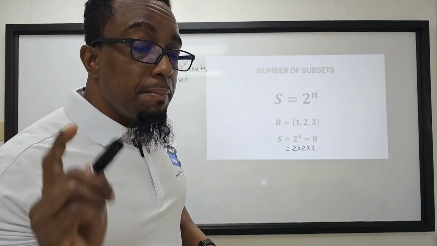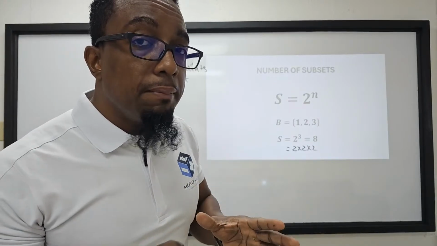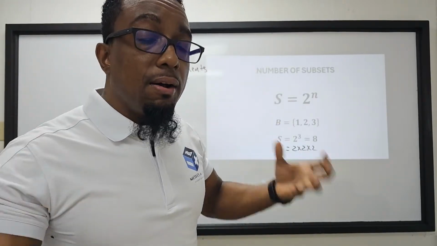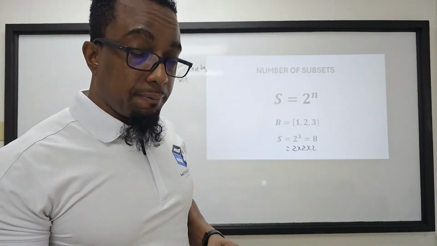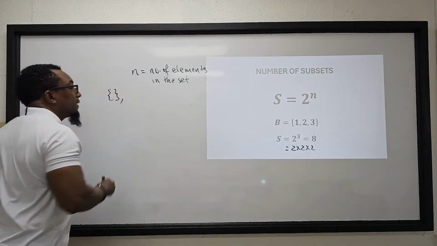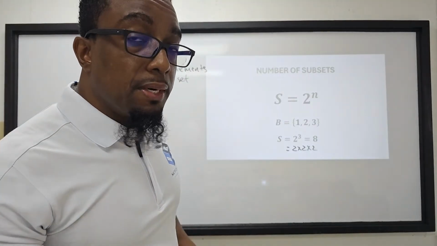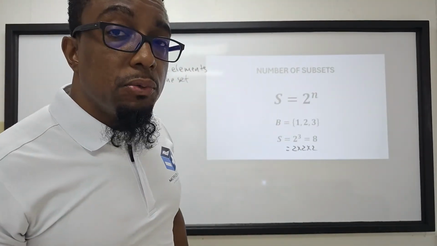So automatically, if we have to determine the number of subsets, a null or empty set and the given set are automatic subsets. So we know that null or empty set is an automatic subset. Other subsets of B, so I'm doing it the long way. Of course, the short way will be to use the formula.